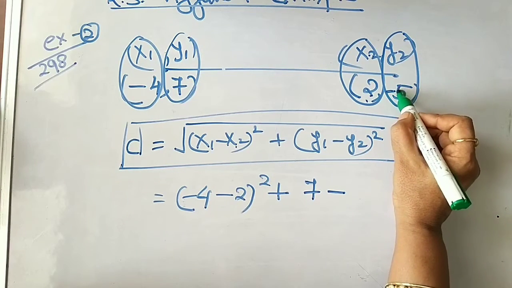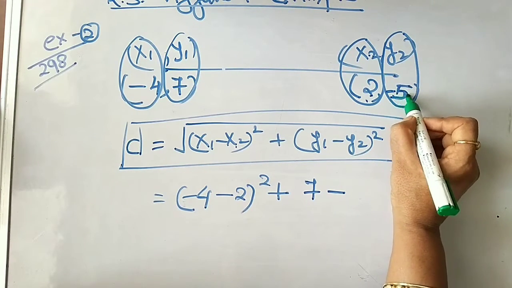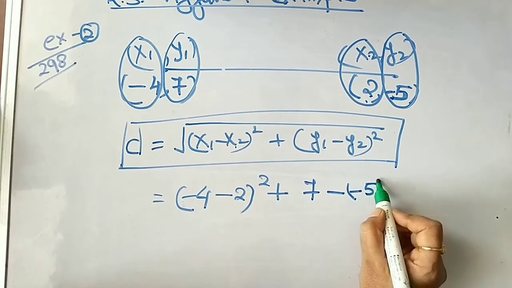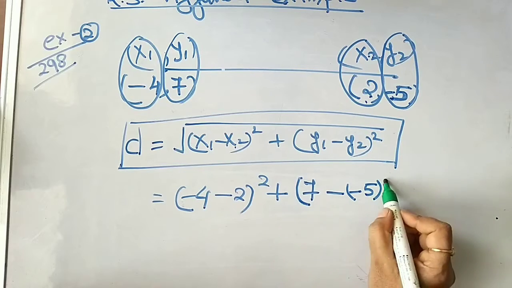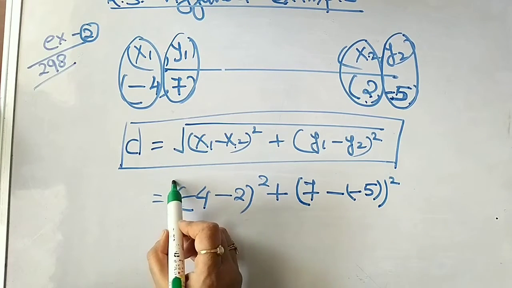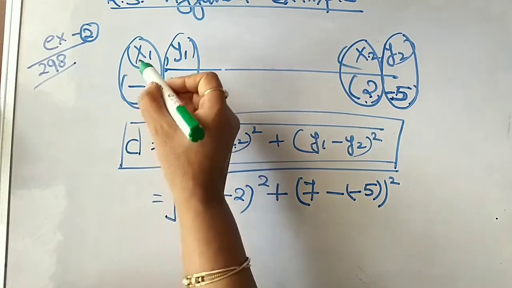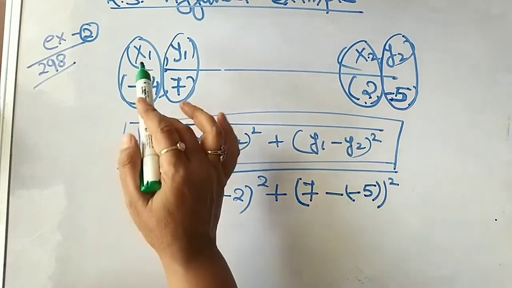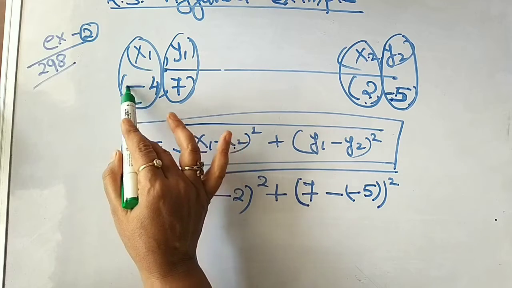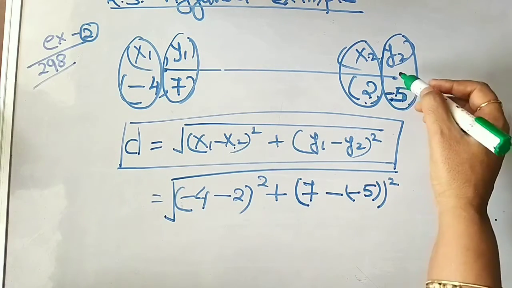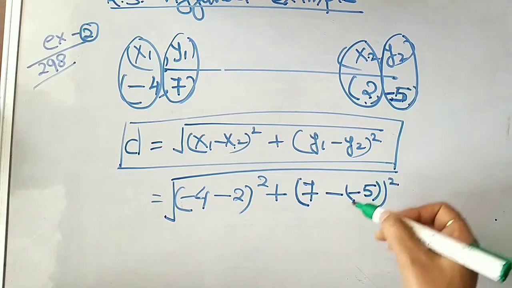Whatever x1, x2, y1, y2 are, we have to take them with the sign. So please be very careful while putting the signs. Don't miss the sign. Take -4 with x1 and -5 with y2, so you have to take them with the sign.